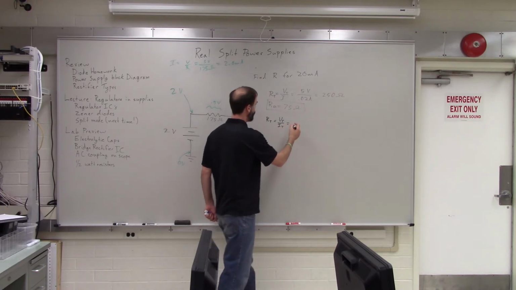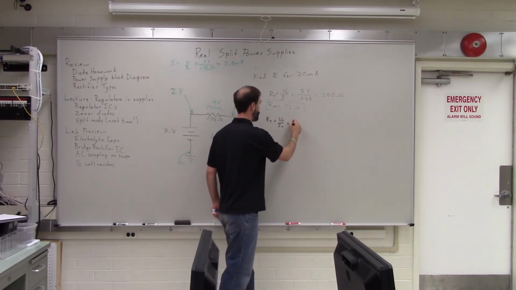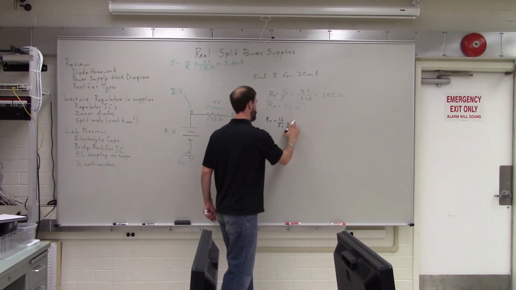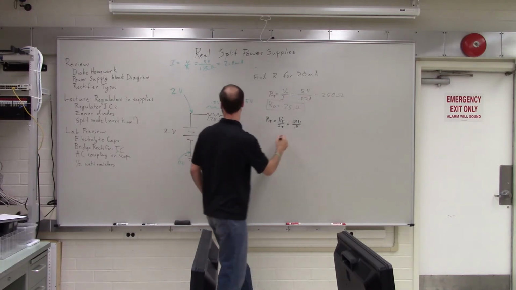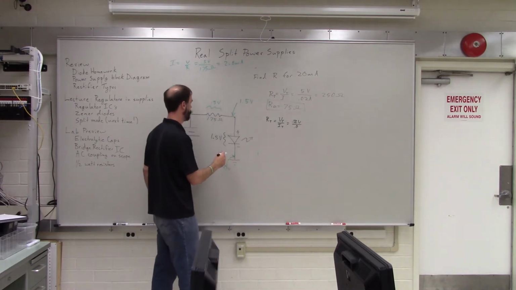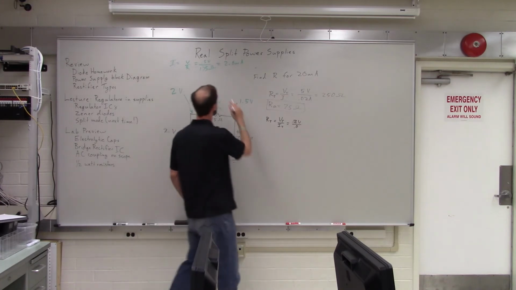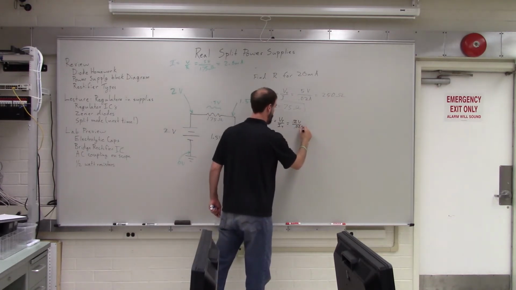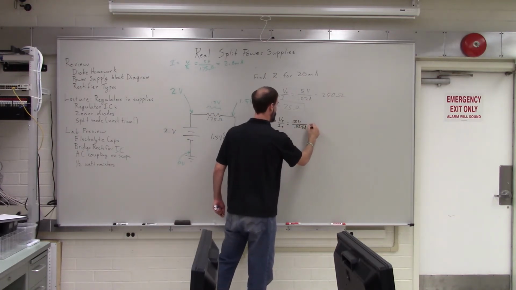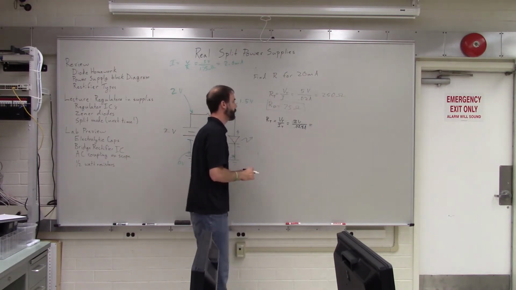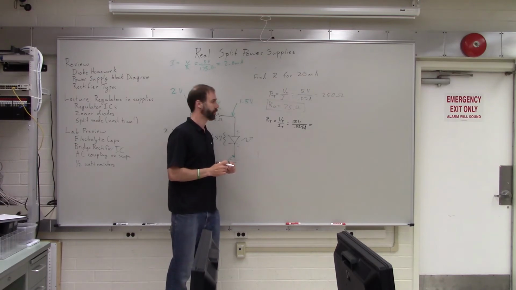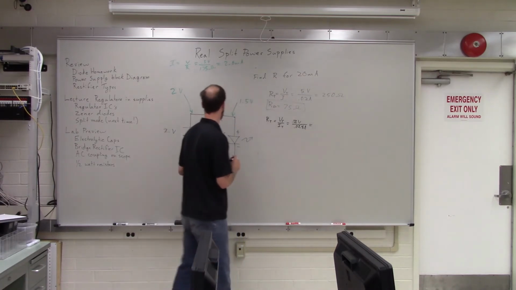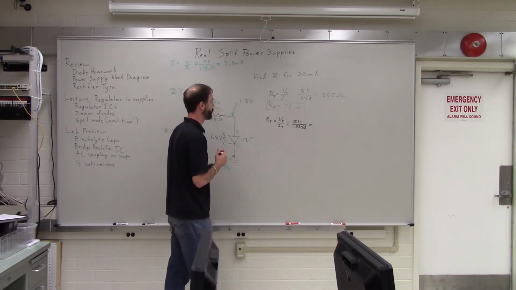So V total is 2 volts now, divided by 0.028 amps. So what does the total resistance come out to be?